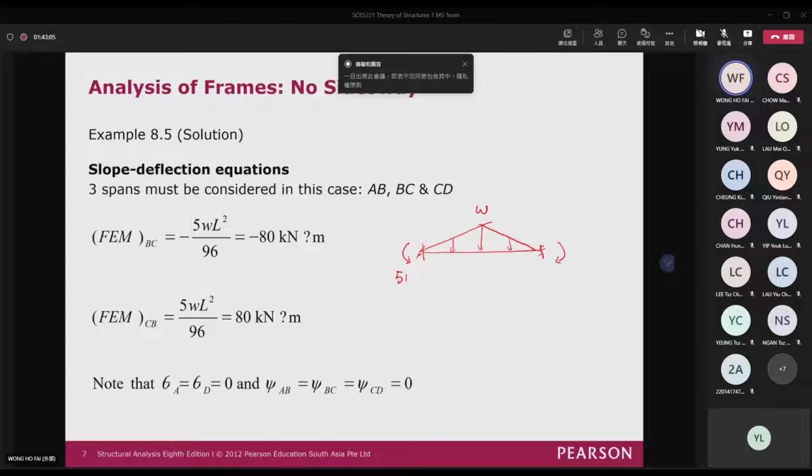It is equal to 5WL squared divided by 96, and then you have the length in between. So on the left-hand side, you have the fixed end moment, 5WL squared over 96.